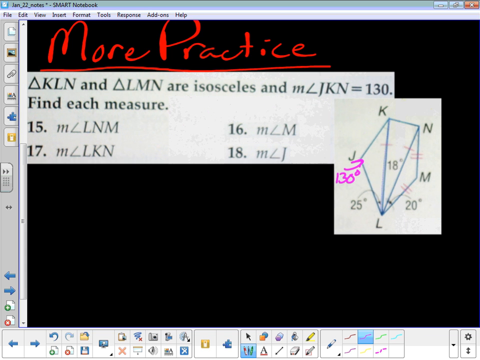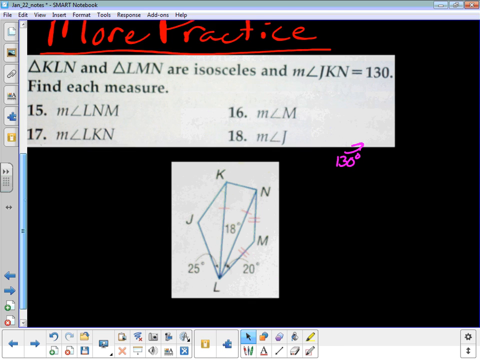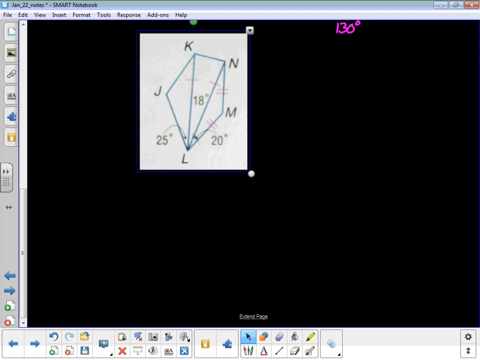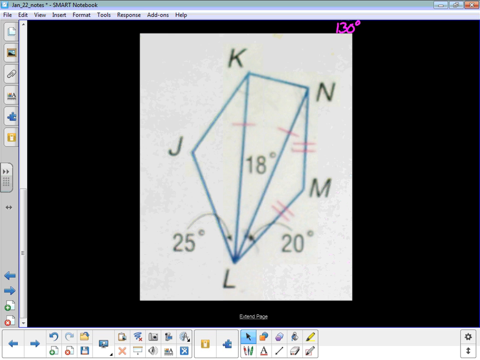Like the problems we were doing today, we want to use this information to figure out what other angles we can automatically identify. So before I start answering their questions as far as which angles are congruent, I'm going to focus on this figure itself. I know this is a 130 degree angle right there. I know this is a 25 degree angle. Well, if that's 130 and this is 25, what do I need to finish it off? It's a 25 degree angle.